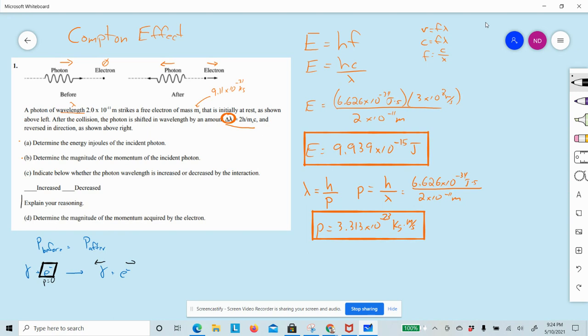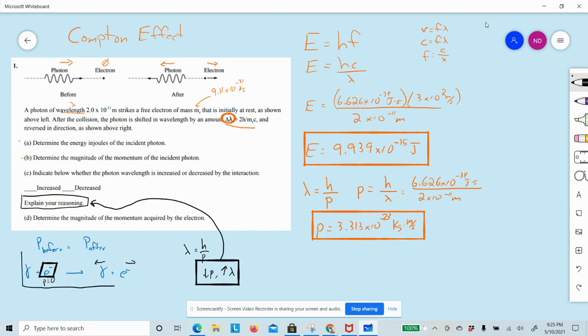Here is your explanation. Since the relationship is like that, a decrease in momentum causes an increase in wavelength. This is your explanation of reasoning.